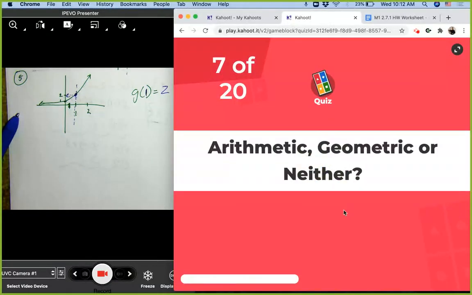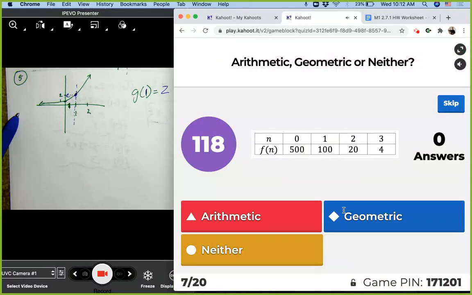All right, let's see. Is this an arithmetic, geometric, or neither? As far as it being a sequence, how do you go from 0 to 1? How do you go from 500 to 100? Do you add a value or do you multiply a value or fraction?